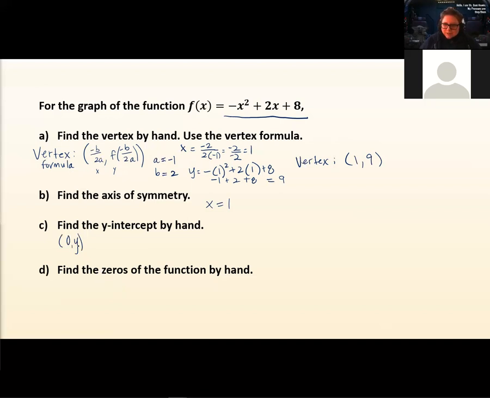Right? Because we have our y value. We're plugging in 0 for x. So let's plug in 0 for x. You have negative 0 squared plus 2 times 0 plus 8. What's our y equal? 8. So what's our y-intercept? 0, 8.